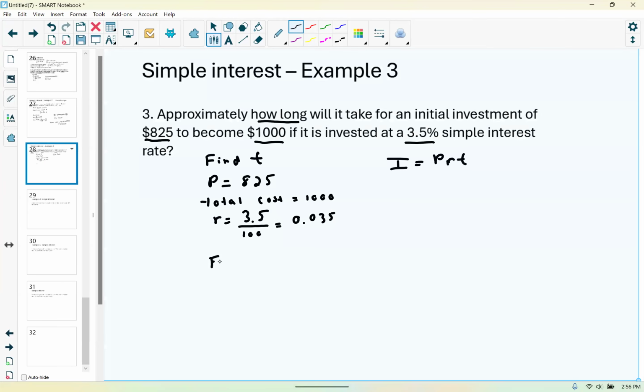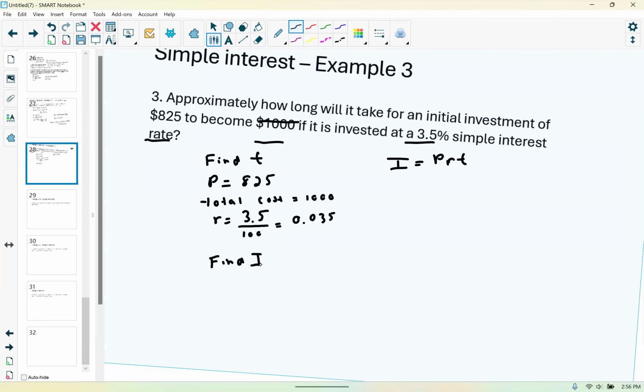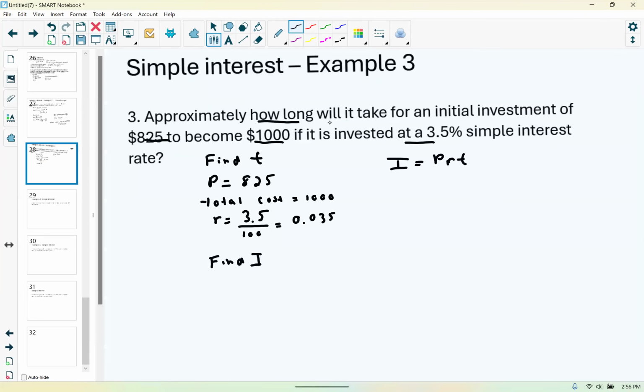So to find I, the interest, we can always find I by doing, we said, again, the total cost equals I plus P. Okay, so if I just say the total cost is C, I plus P. If I want to find the interest, it's kind of rearranging that formula. We take the cost and we subtract the principal, and that will give me the interest.